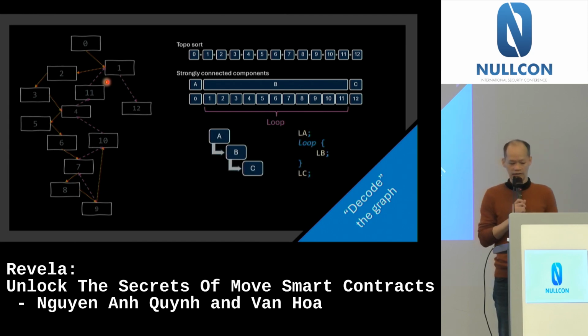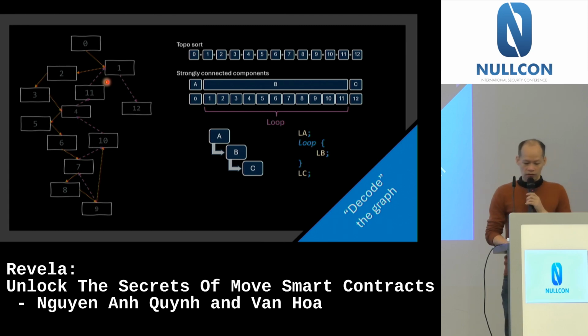So the code is structured like this. We have block A, which is block 0 here, and we have block C, which is block 12 here, and in between you have a loop.